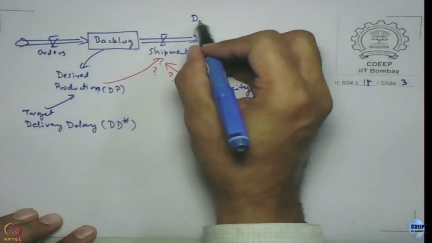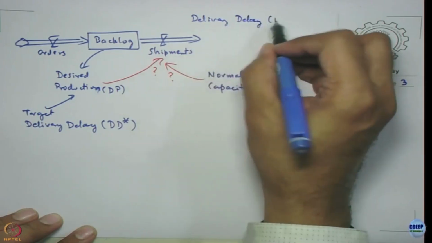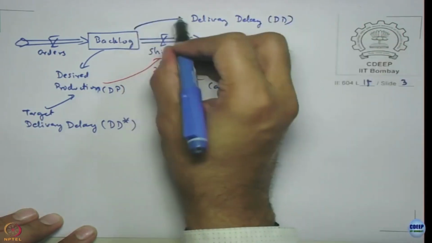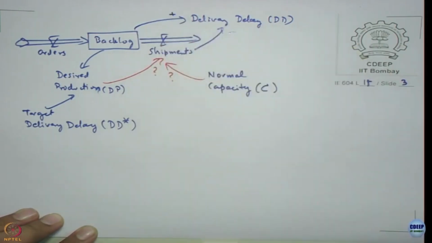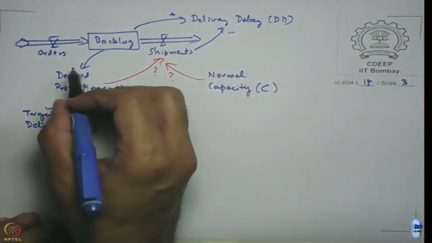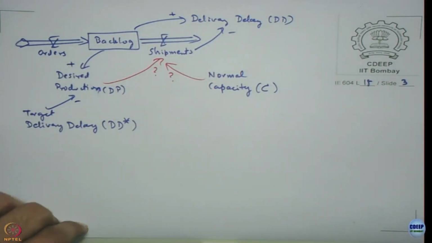So we can just keep it as delivery delay DD, backlog divided by shipments. Here, desired production is backlog divided by target delivery delay.